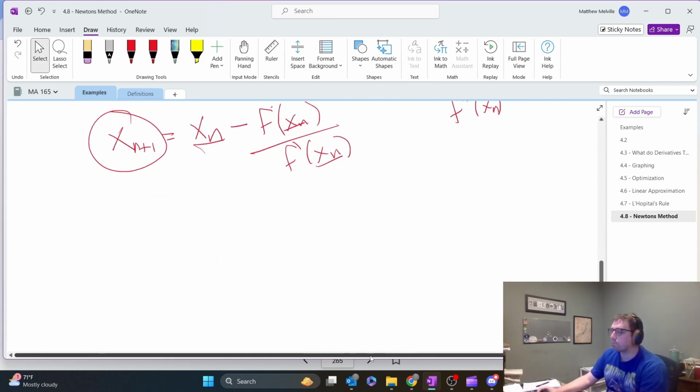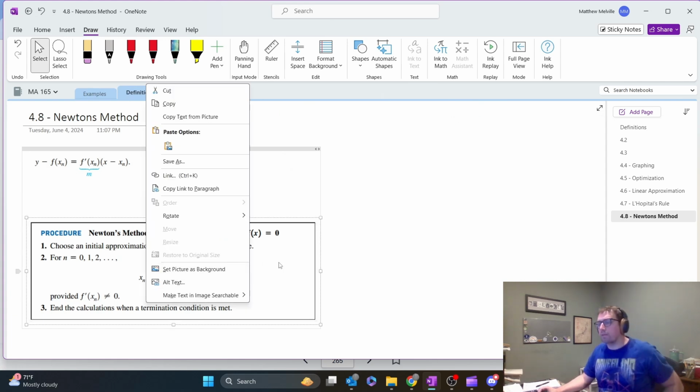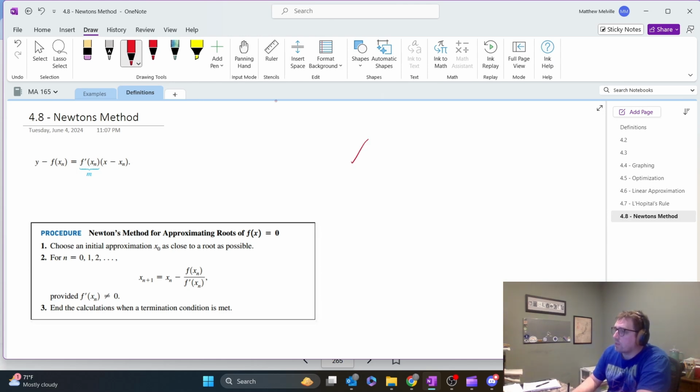Okay, so that's what this is saying right here. So it says end the calculations when the termination condition is met. So let's say we're trying to find the solution and we get something like x sub 7 is going to be 4.835789.